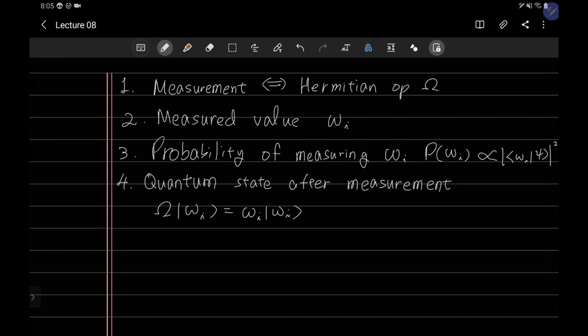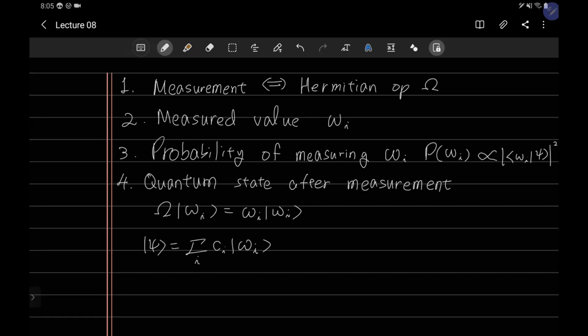Once we are given these eigenvectors, we can generally use those sets of eigenvectors as the orthonormal basis of the space. In that case, any arbitrary quantum state of some particle can be expanded into the summation of all the eigenbases with some coefficients, something like this.